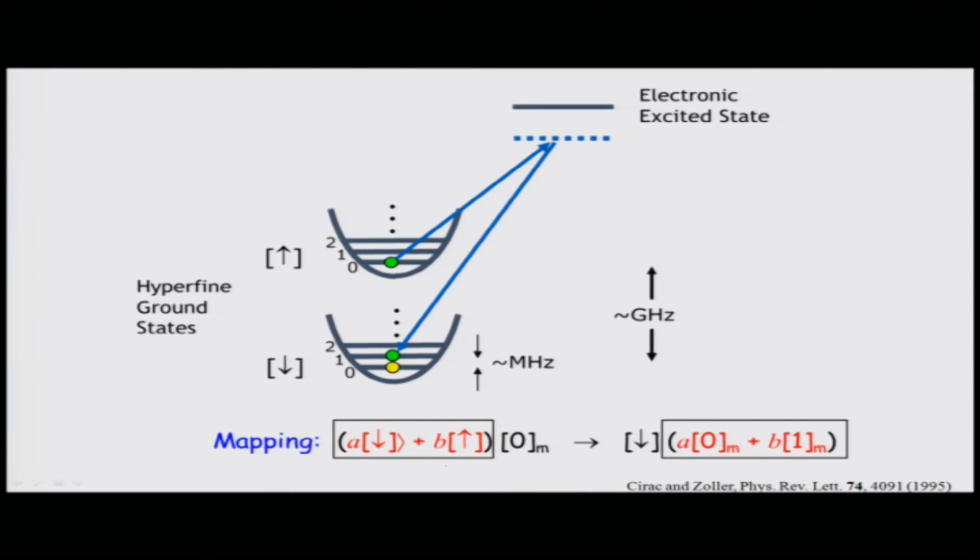So, for example, a combination of these states from one particular hyperfine spin condition, which is of lower energy, is being utilized with respect to the electronic excited states to produce a coupling between these two different states, and these can be mapped by using this kind of approach, as has been shown in this particular diagram.